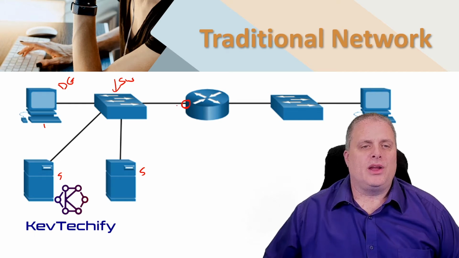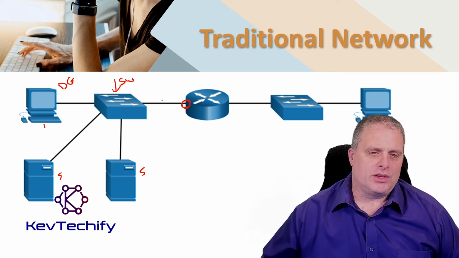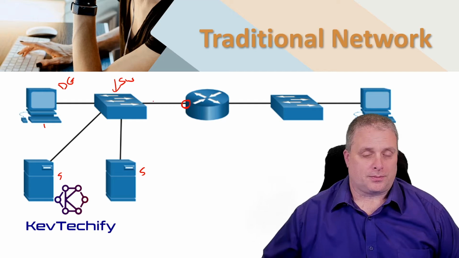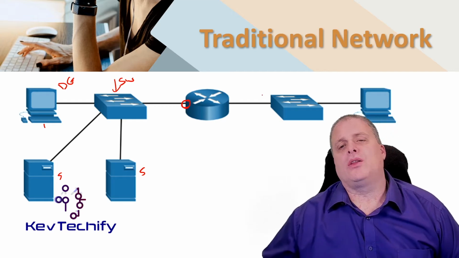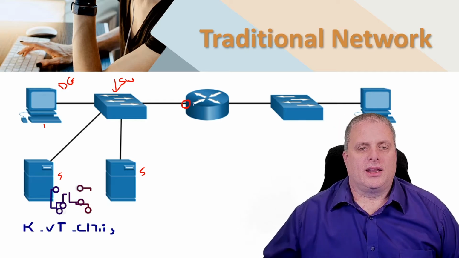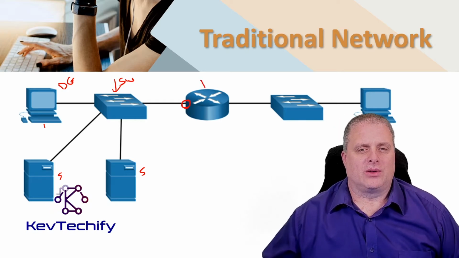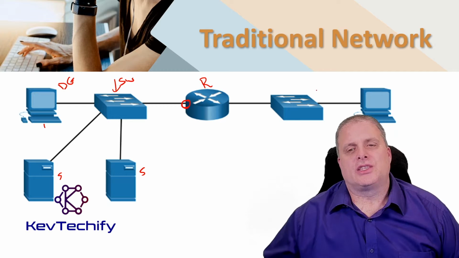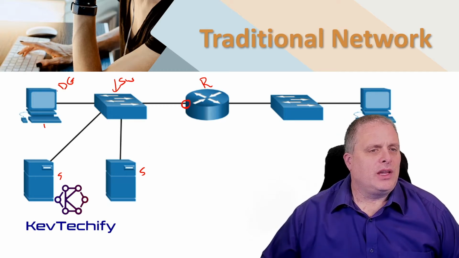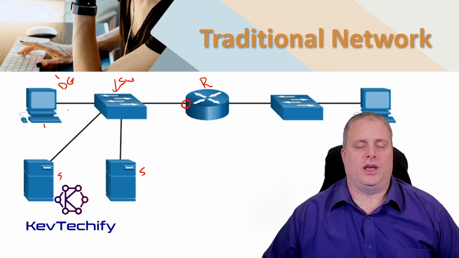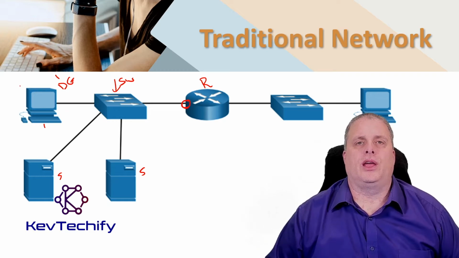The default gateway exists on their LAN. It's part of this local area network, but it's on a device that connects to other networks. And that device that does that is a router. So this is our router here, and then it connects to other devices. All of these end devices only have one default gateway. They're only set up with one default gateway.